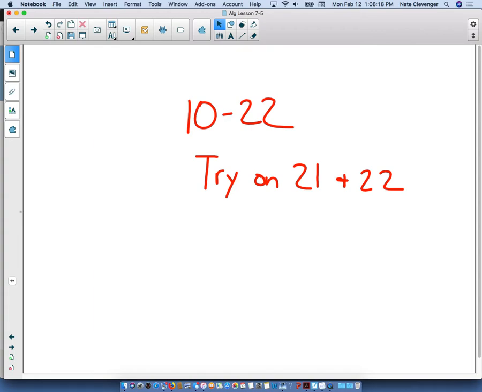If we plug in negative 2, 8 to the negative second becomes 1 over 8 squared, which is 1 over 64. Then times 2. No, it's order of operations, there's no exponent left. 2 times 1 over 64.